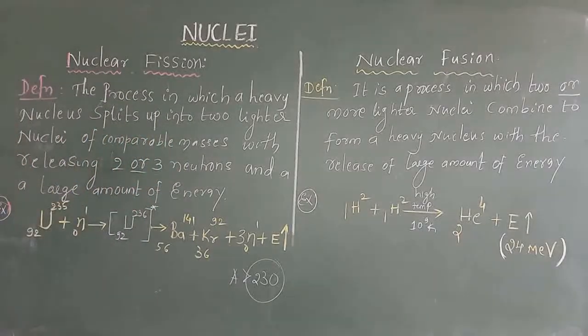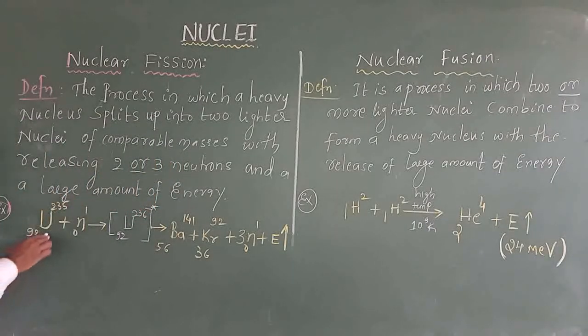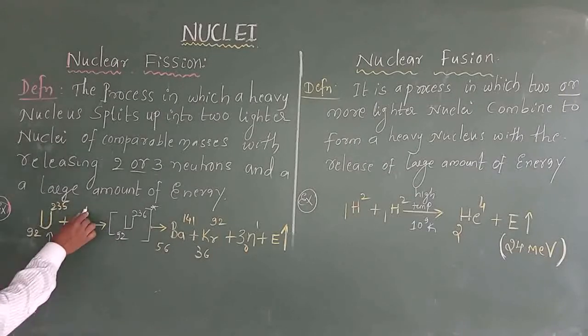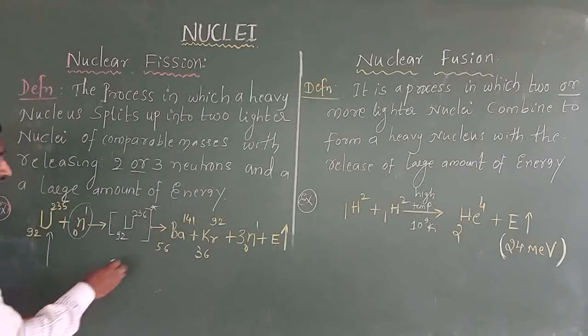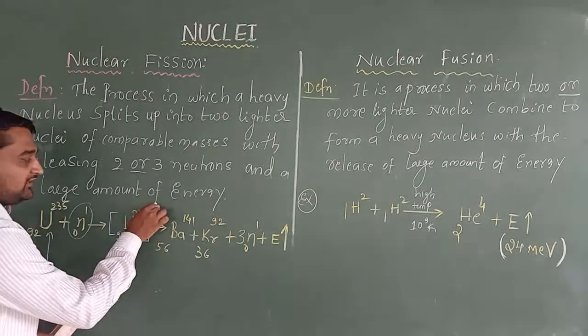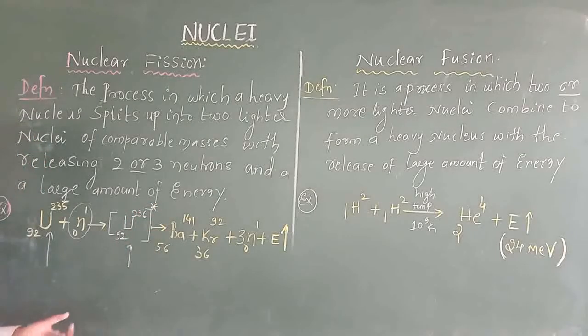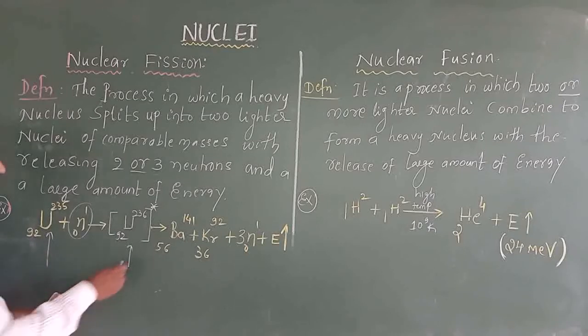Here we can see one example: when uranium 92-235 is bombarded with a neutron, the neutron is captured by the uranium 92-235. Then it goes to an unstable state, that is uranium 92-236.